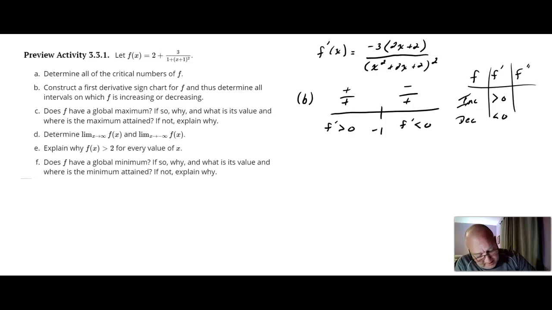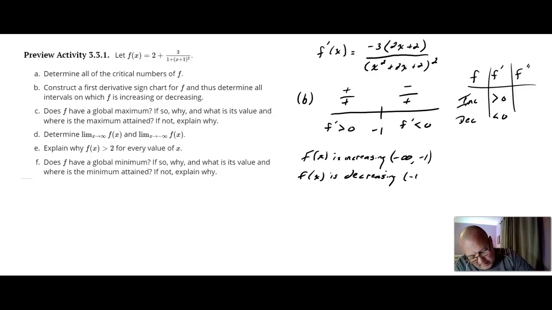So I can say that this function, f of x, is increasing over the interval -infinity to -1, and f of x is decreasing over the interval -1 to positive infinity. So there's my answer for part B.